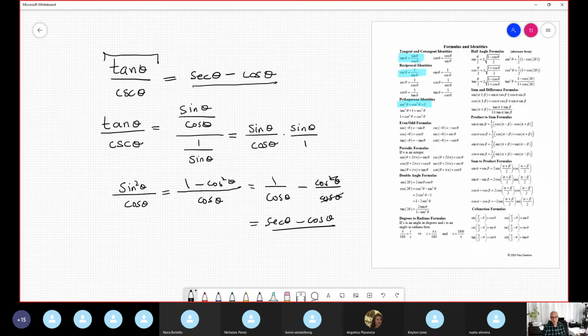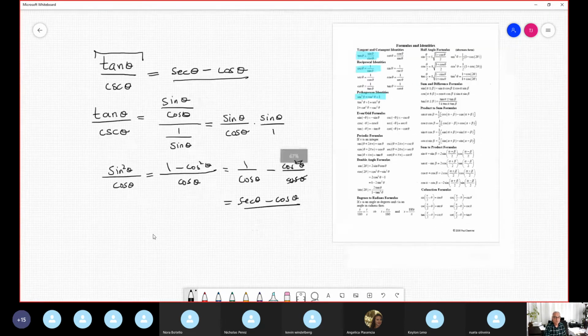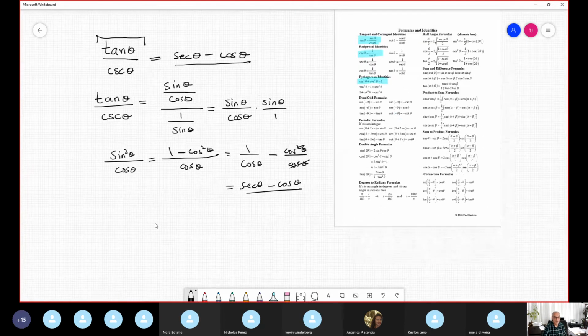In this example, it's perfectly possible to do it in another way. Manipulate this. Let's do it by curiosity. Just curiosity. Suppose the student says, no, I don't like this way, professor. You take this and manipulate this in order to get this.